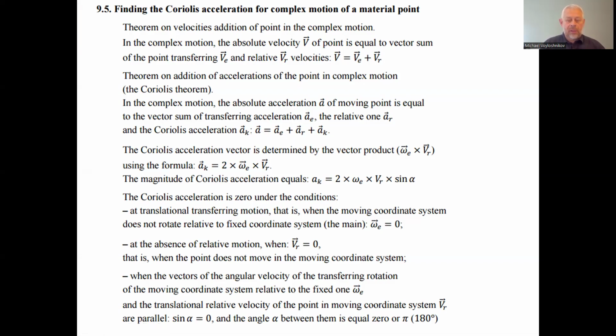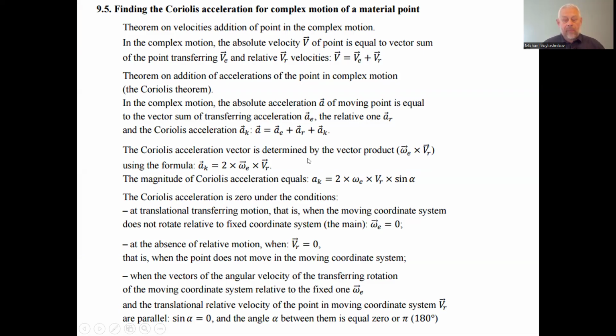The Coriolis acceleration vector is determined by the vector product of the transfer angular velocity, that is the angular velocity of the moving coordinate system when it moves within the fixed coordinate system, and the relative translational velocity of the point in the moving coordinate system.